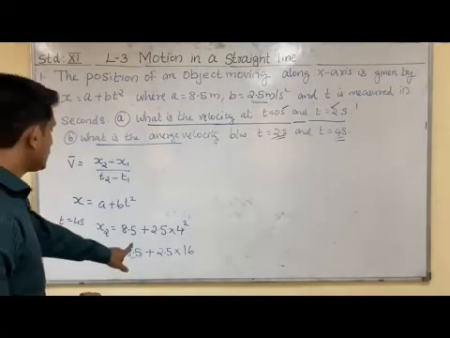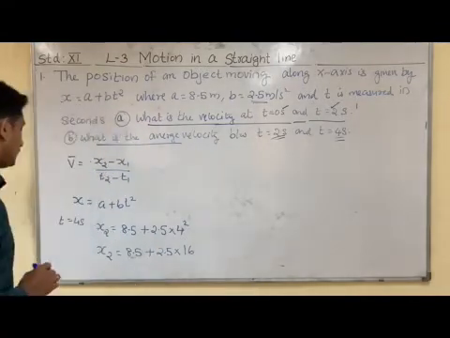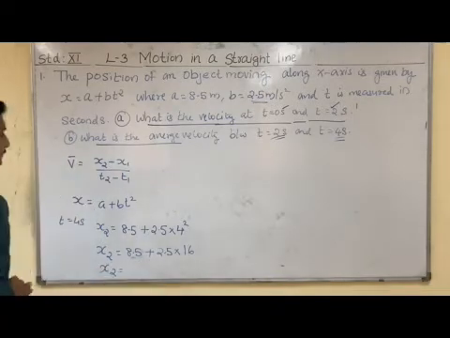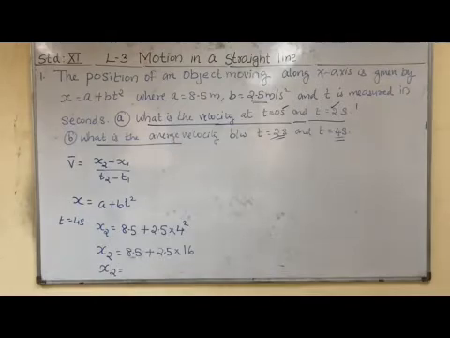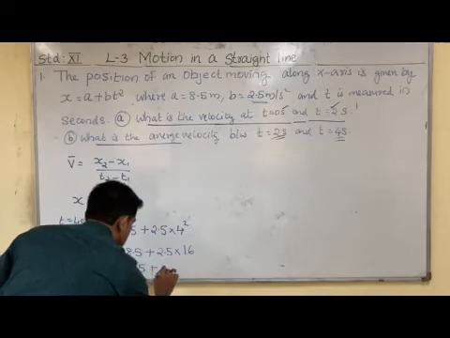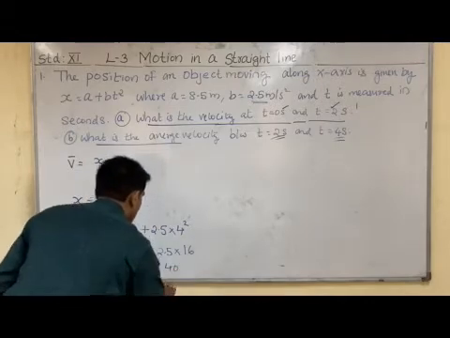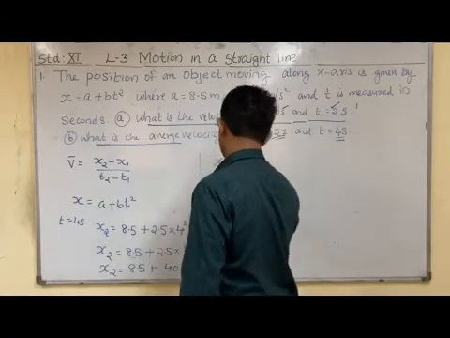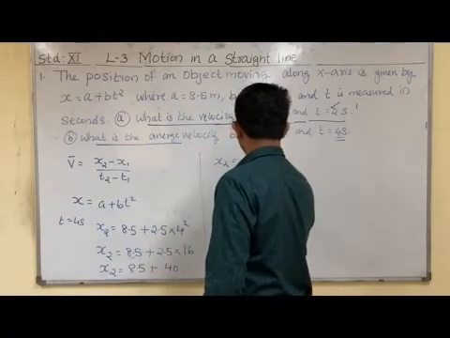So 16 into 2.5 is 40. That means our answer is x2 is equal to 48.5 meter.